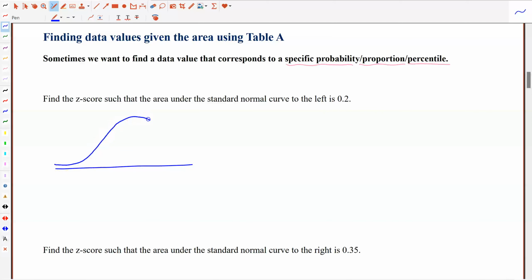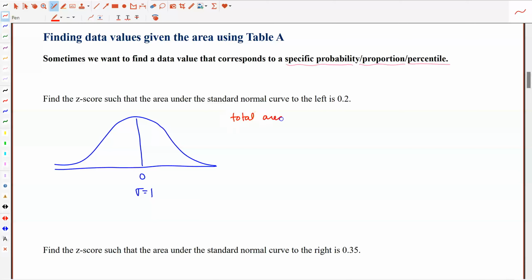I'm going to sketch a normal distribution, and because I'm looking at the standard normal curve, I know its mean is 0 and its standard deviation is 1. Now, an important thing to keep in mind is that this curve is symmetric and the total area under the curve is 1. It's helpful to remember these things when you go to mark your curve.